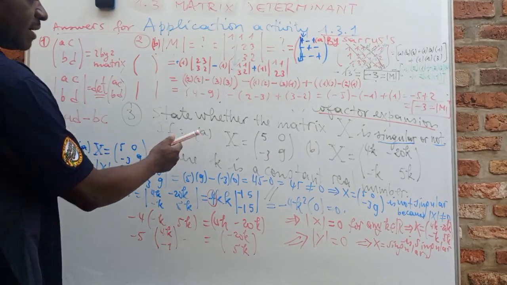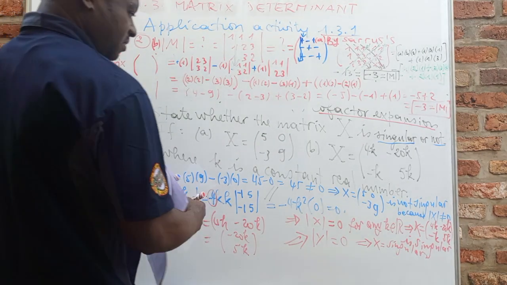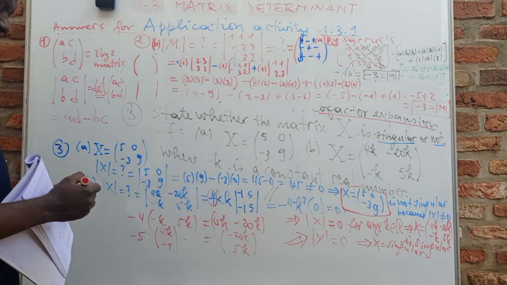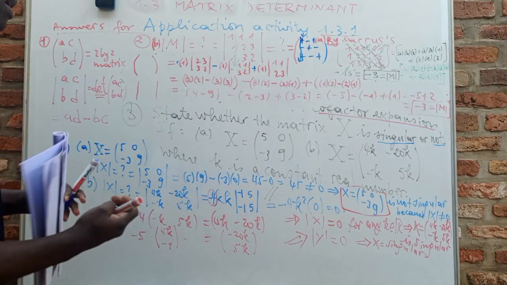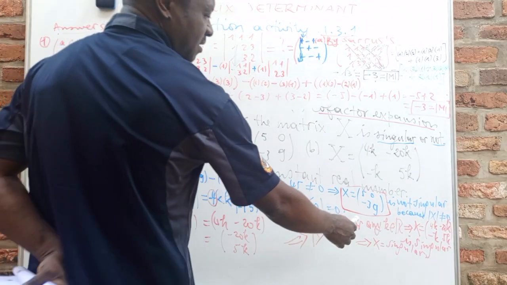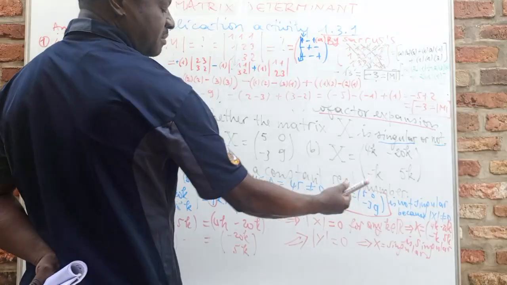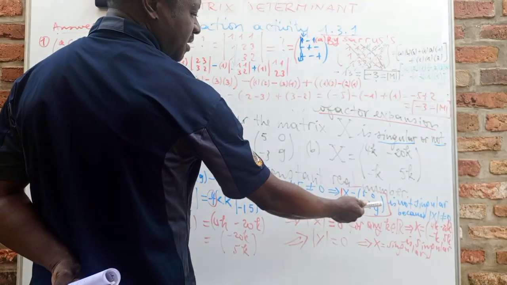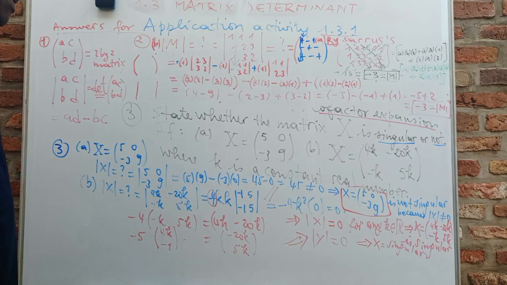Okay, so A, this matrix, the answer is here. So we found that it is not singular. Why? Just because it is a lower triangular matrix, and then its determinant must be equal to the product of the diagonal elements.